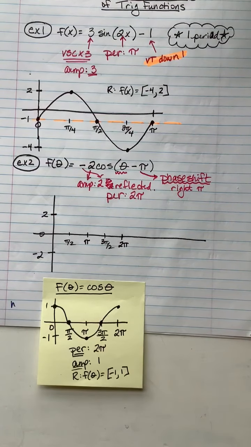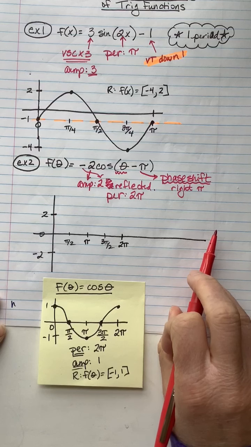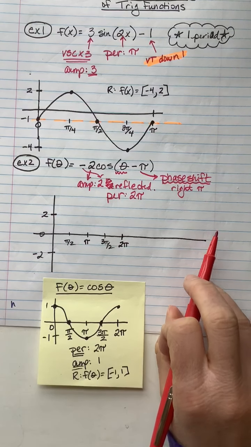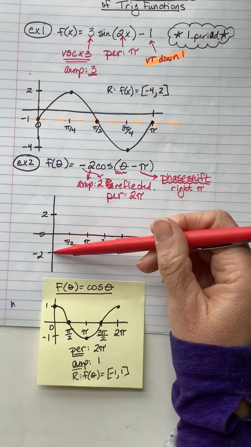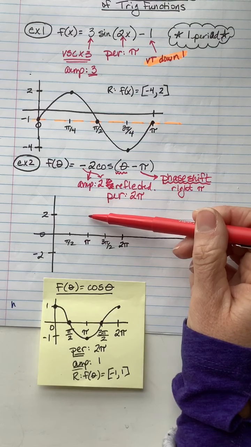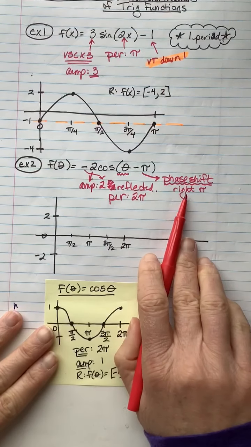And sometimes I even like to make little pencil marks. So before I shift this whole thing to the right pi, what did it used to look like? Well, negative reflection, it's going to start down here. It's going to move up, and then it's going to move back down. Now, I could move that whole thing over. All right, let's try that.